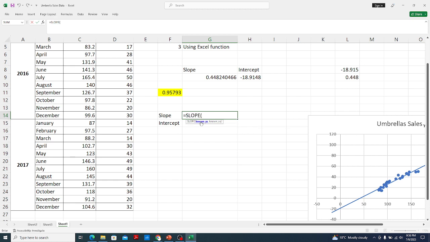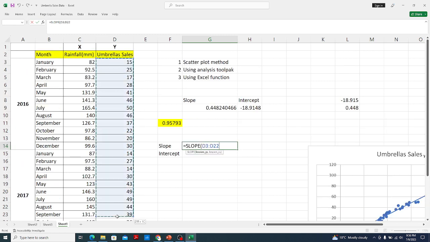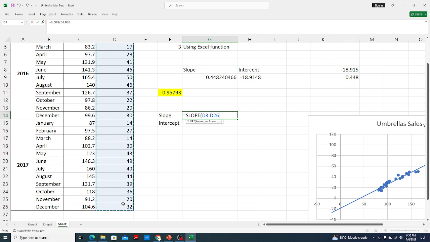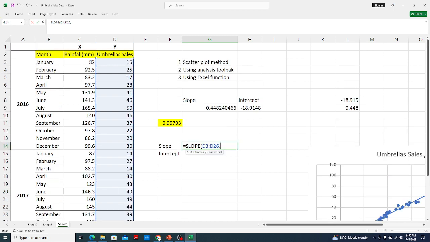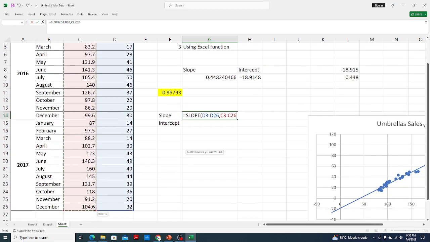For slope we use the known y's and the known x's, so we highlight the range for the known y's and the range for the known x's. Once you run, you get the value of the slope. You can see this is the same value as before. Then we have intercept.